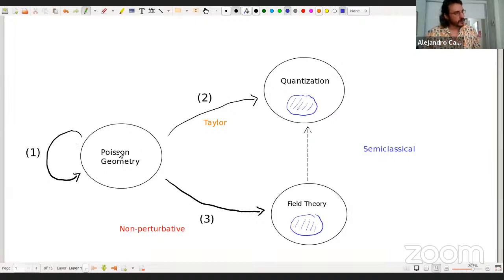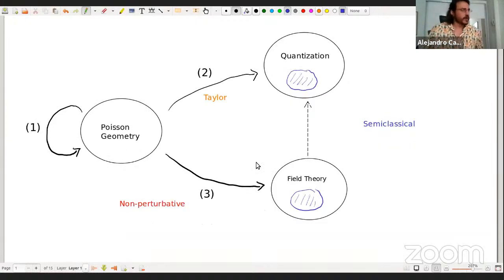The definitions belong here and the techniques belong here. Then there will be another result which relates this to quantization. And then a third one that relates this to field theory. And this will somehow commute with some known relations between these two fields.